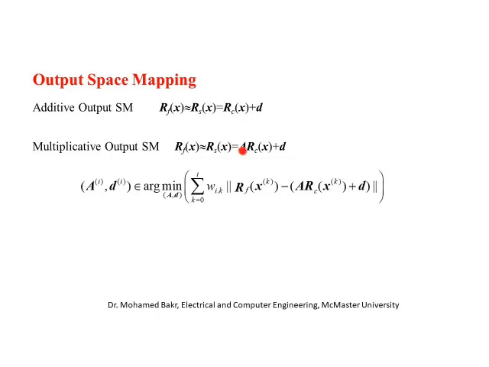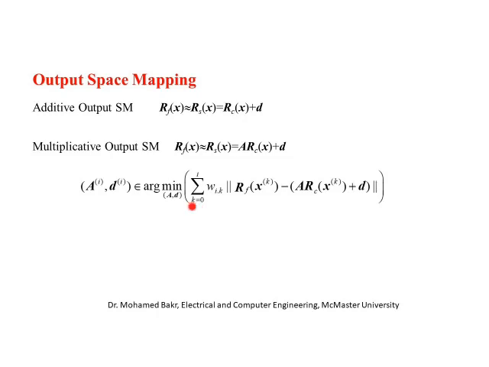How do we get A and D? We get A and D simply through a parameter extraction step. We ask ourselves, what is the best A and D? Remember, this is a vector of M unknowns, and this is a matrix of M squared unknowns. So we have here M squared plus M unknowns in general. How do you find A and D such that when we map the coarse model in such a way, its response will match the fine model point for a set of points?